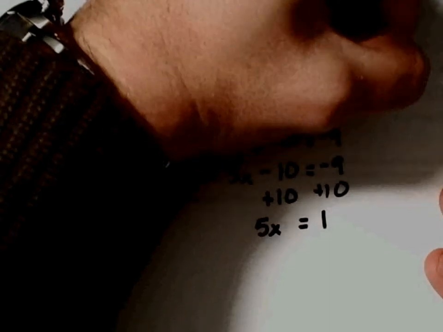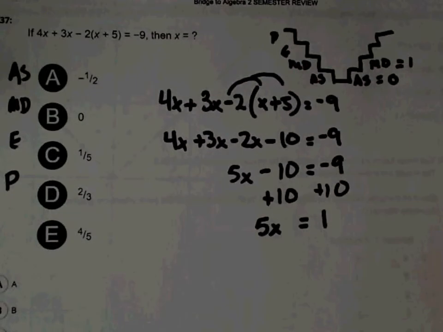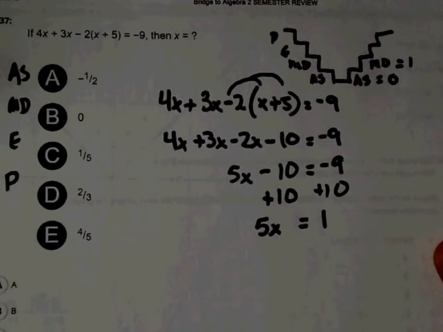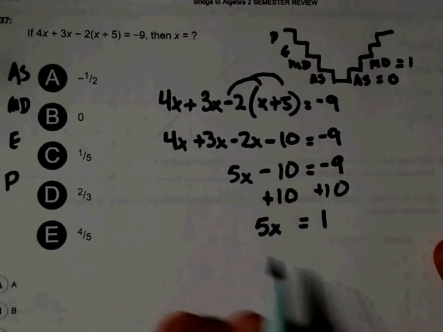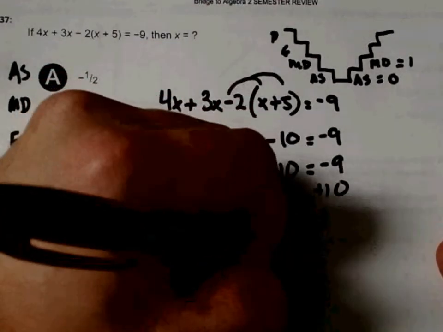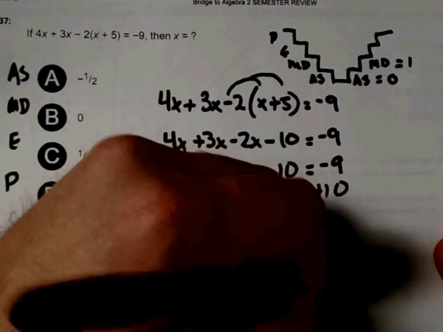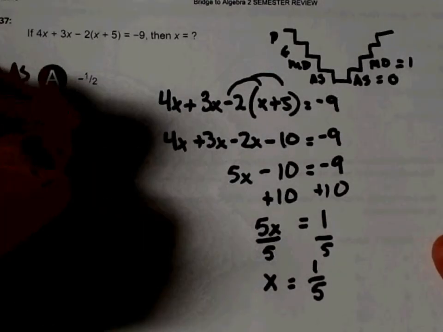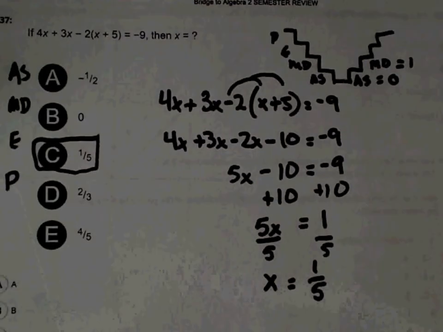I work my way up to multiplication division, and we try to create a 1 on the multiplication division. How do I get x by itself? Okay, because we would read that as 5 times x equals 1. So I undo multiplication with division. And so therefore x equals 1/5. And there it is.